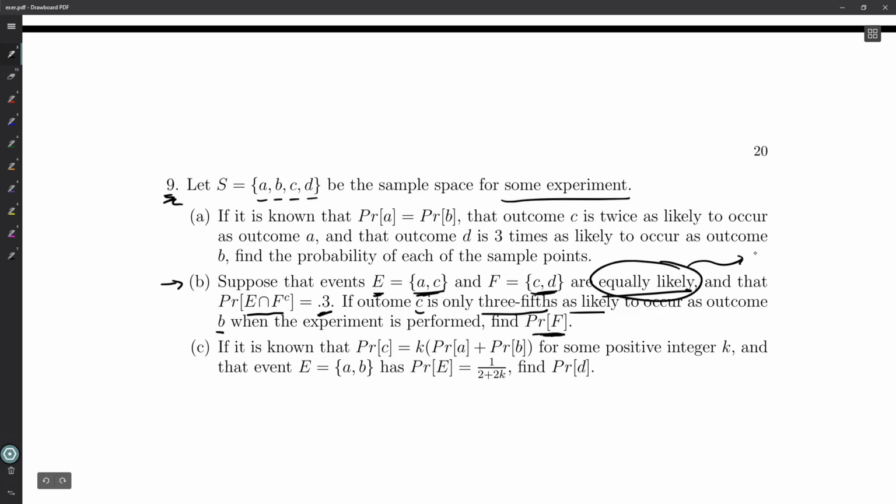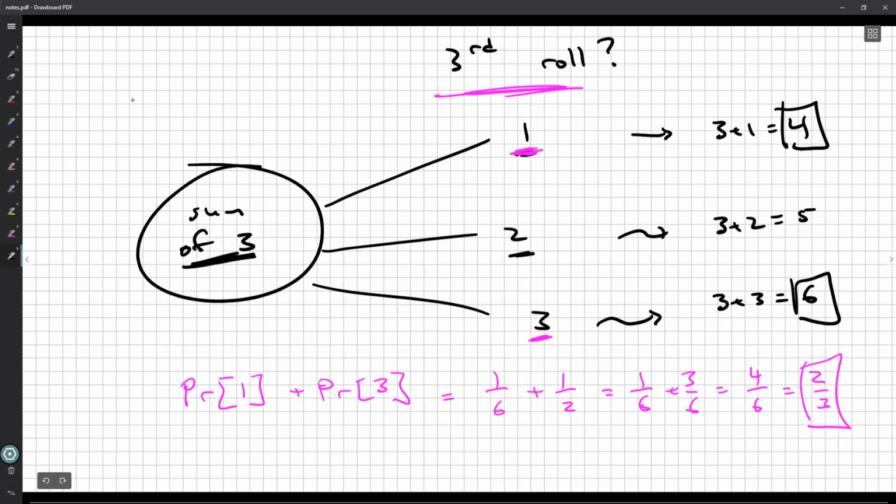So equally likely translates to, when I work out the probabilities of E and F, they should be the same amount. So this question, 9b, is just giving me a whole bunch of information in disguise, and it's up to me to translate it.